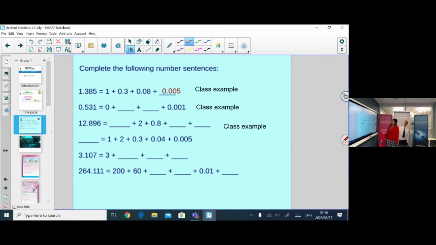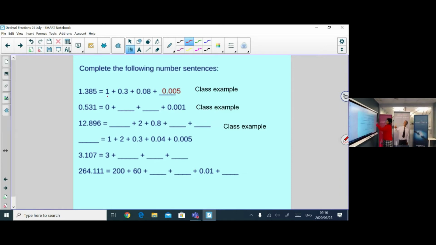Complete the following number sentence. 1.385 can be written as 1, 0.3, 0.03, and 0.005. When you add these four numbers, you'll get this number here.